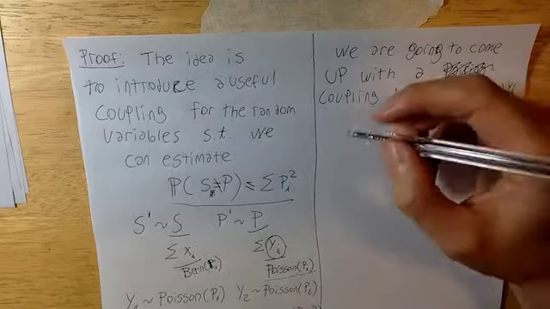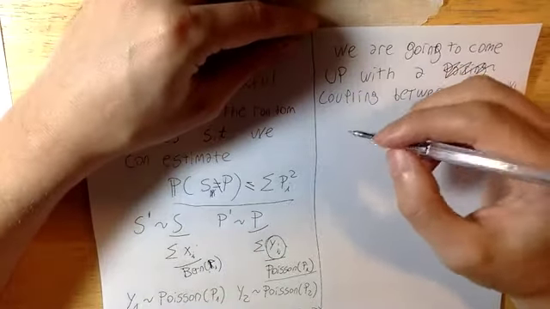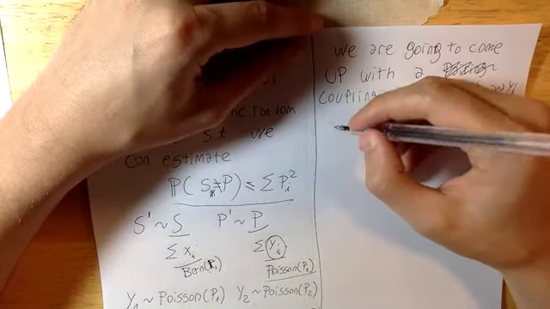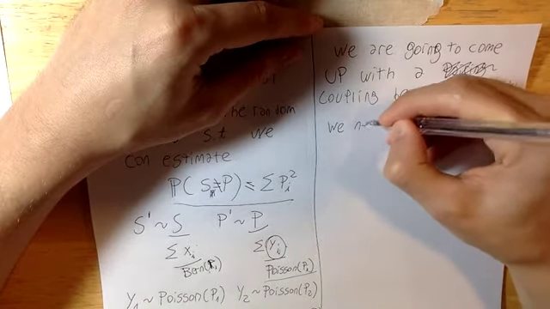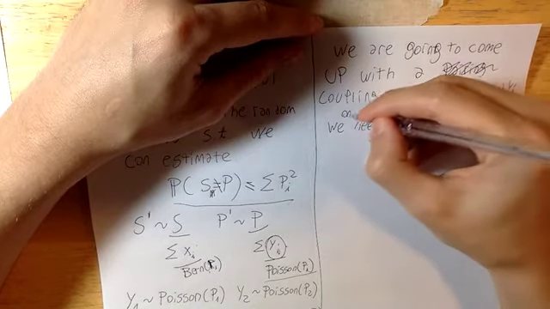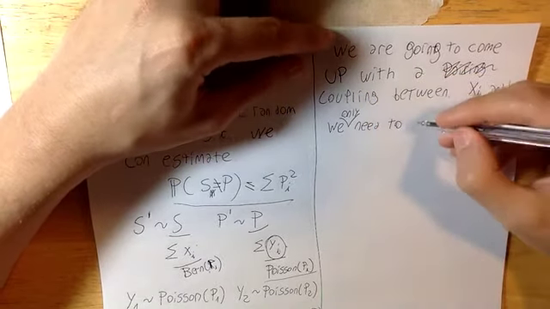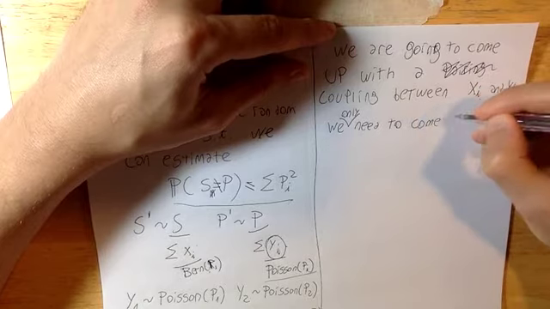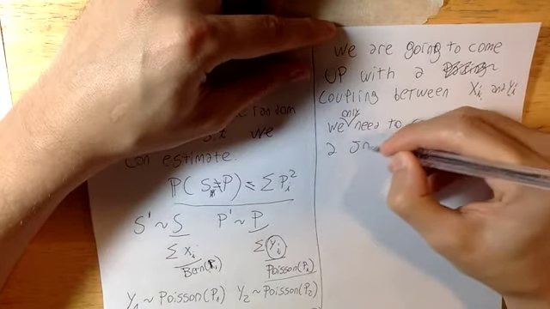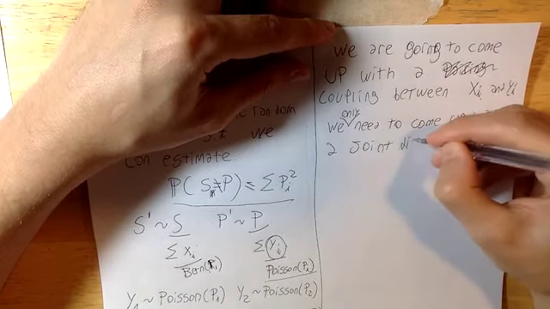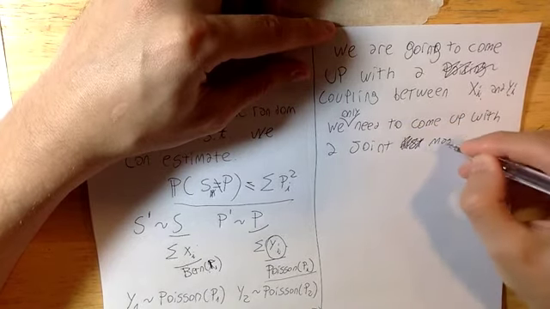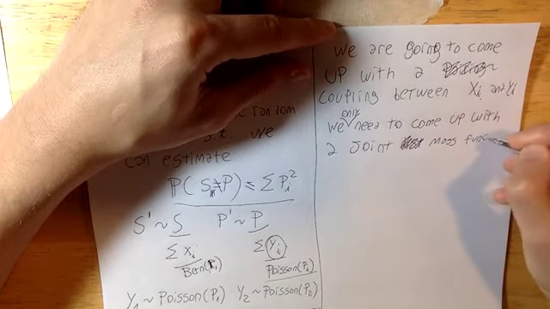Okay, so what are we going to do? We are going to define this coupling by the joint distribution. We only need to come up with a joint distribution, or a joint, let's call it mass function.